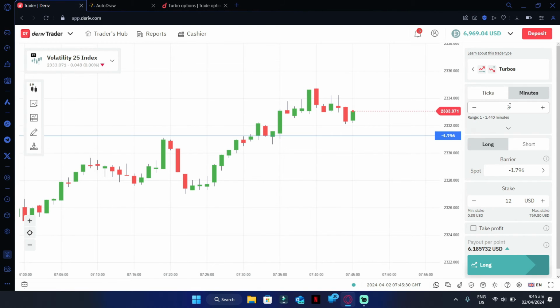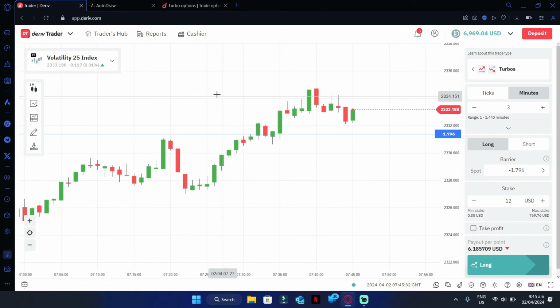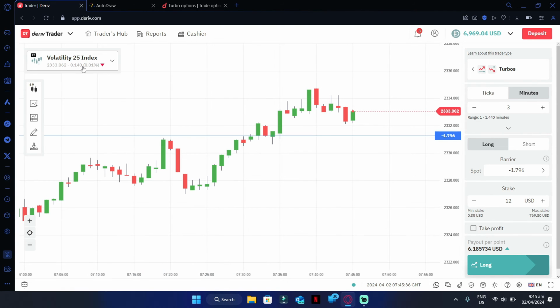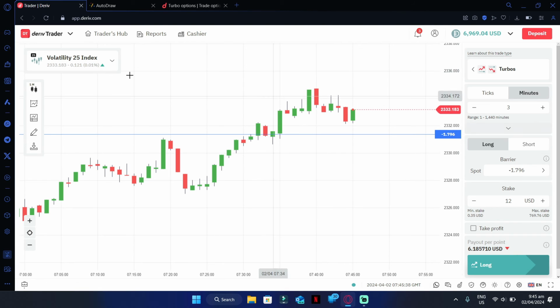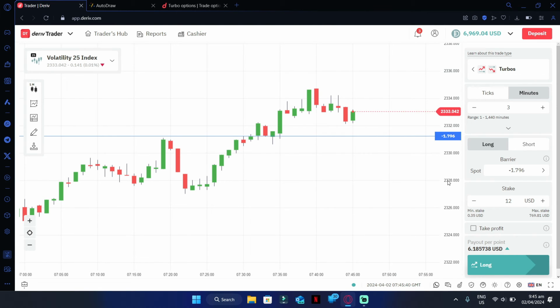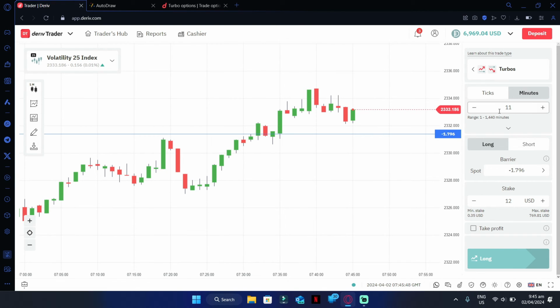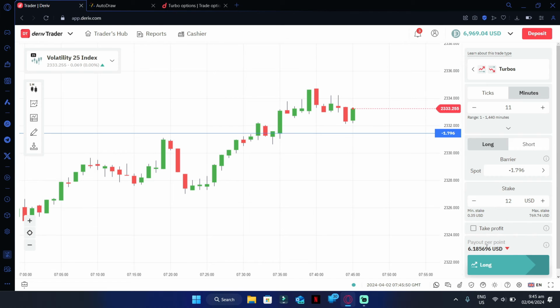So for example, if I think that by tomorrow the volatility 25 will reach the level 23, 28, which is here, what I need to do is add a few more minutes.